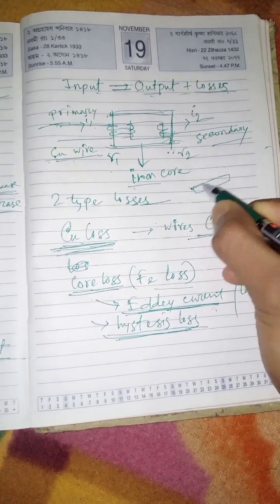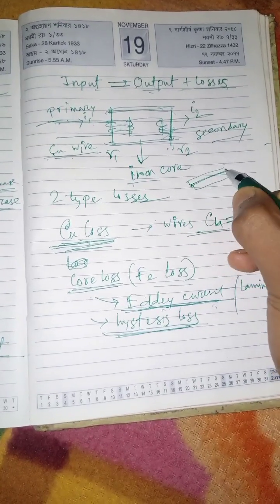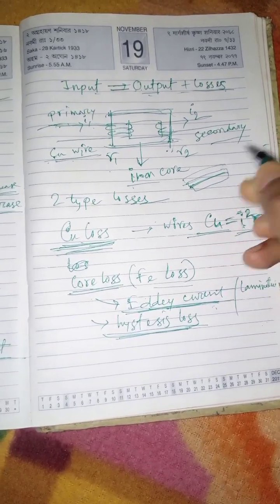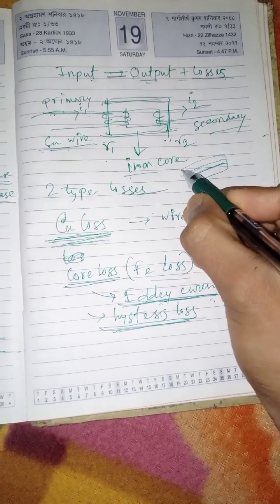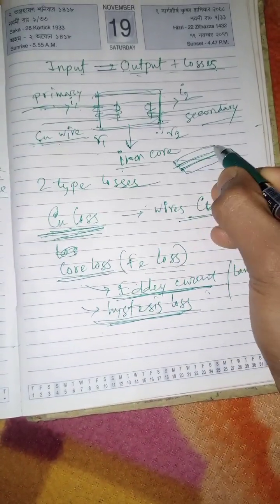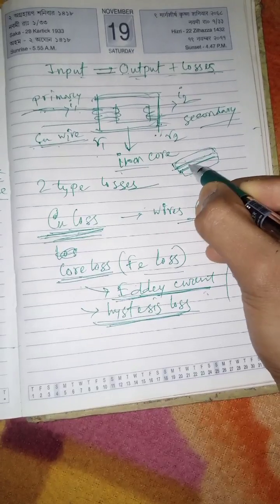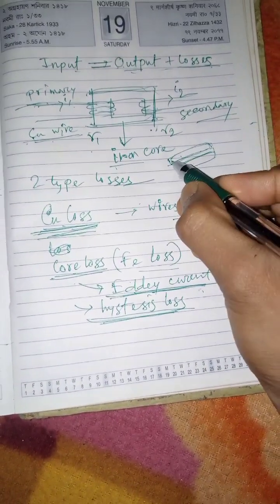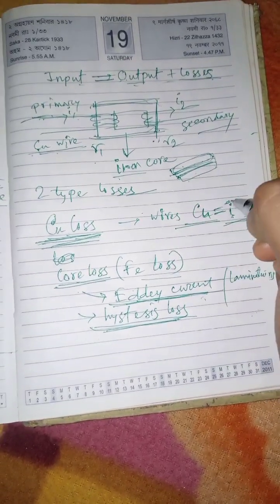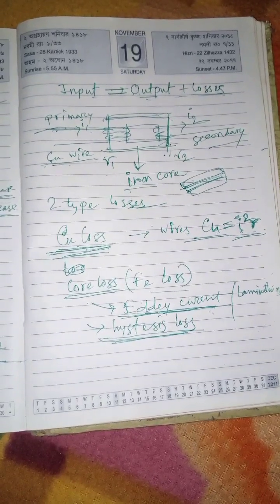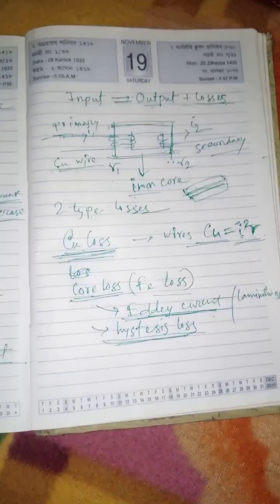Maybe you have seen there are many thin layers, one by one, wrapped together, and all the layers are electrically insulated from each other using a coating, maybe a polish or resin type.